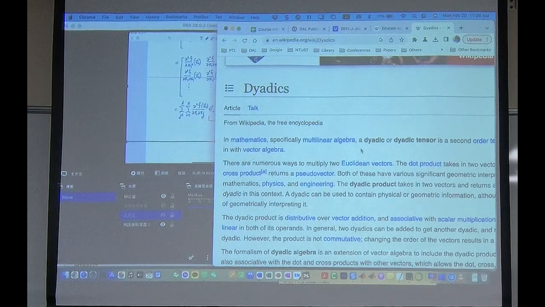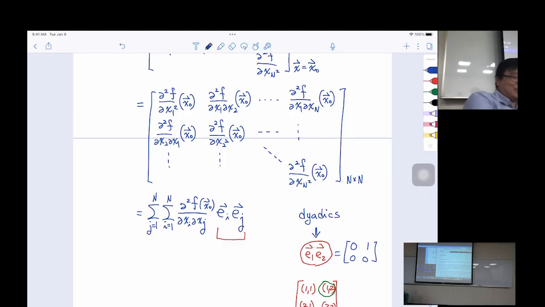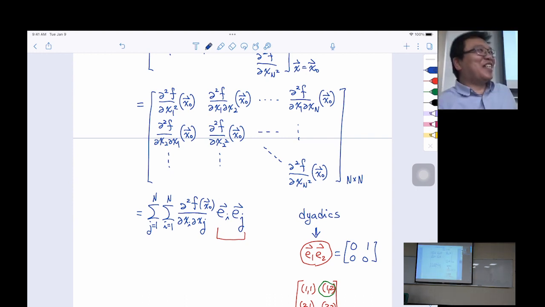I need to Google for it. Okay. You can Google for this, then you will know. Dyadics. I don't even know the Chinese name of it, because I don't like to write papers in Chinese, so I sometimes don't memorize the Chinese name of it.